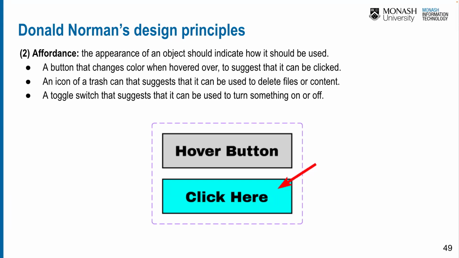We use the trash can as an icon instead of others to ensure that this is for throwing away, to delete the files. A toggle switch suggests that it can be used to turn something on or off. We use the toggle switch to indicate that it can be on or off. We don't use other things.